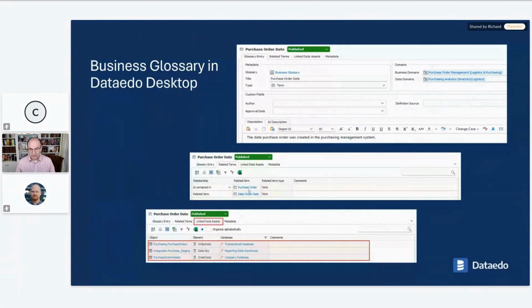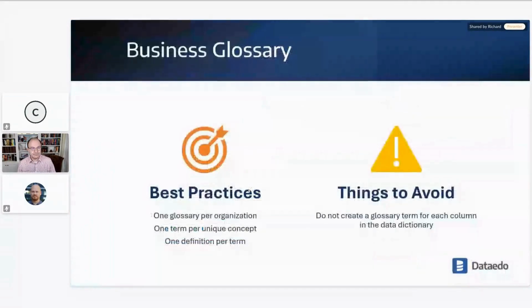And I'm not showing an example of this on the picture, but we can also link reports to this so that you can see where that concept is reported in our reporting system. So you get this large picture of what the term is and where it's used, how it's used, so you can understand it very well.